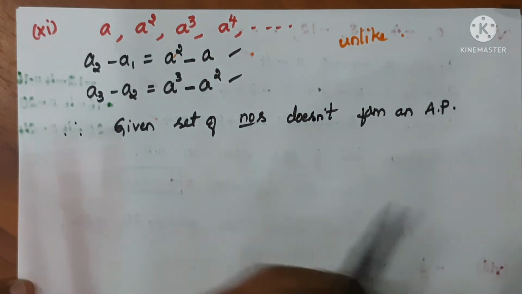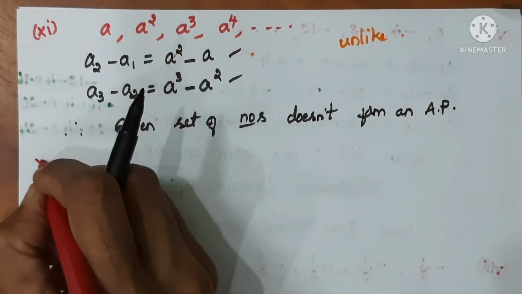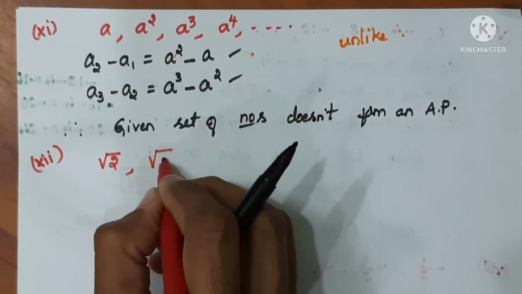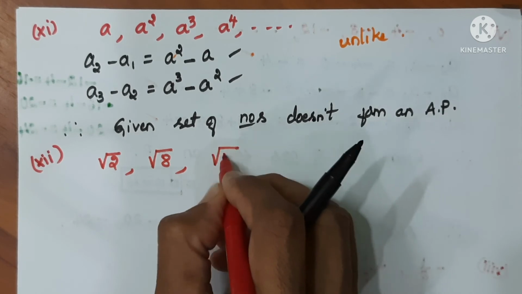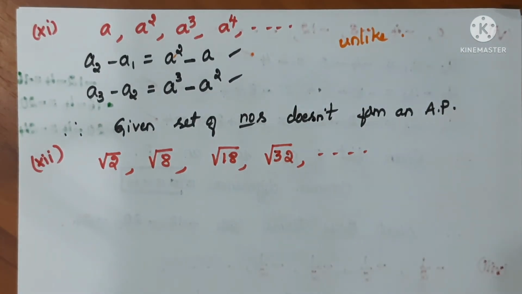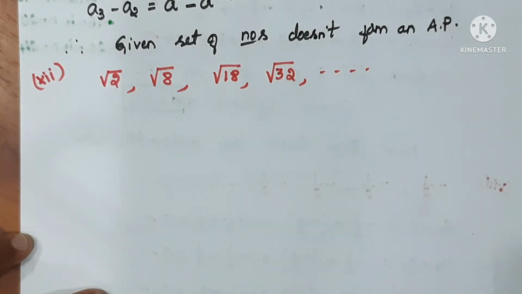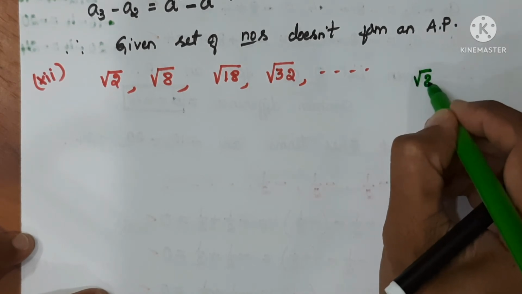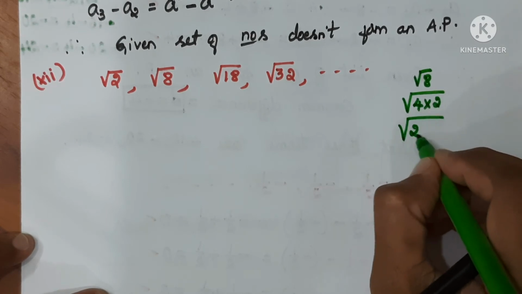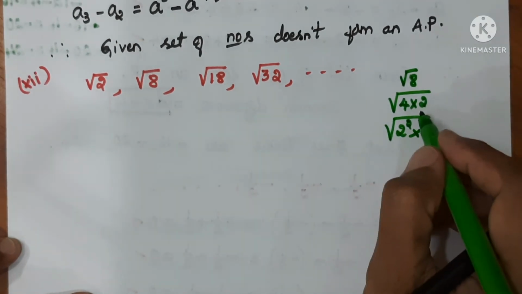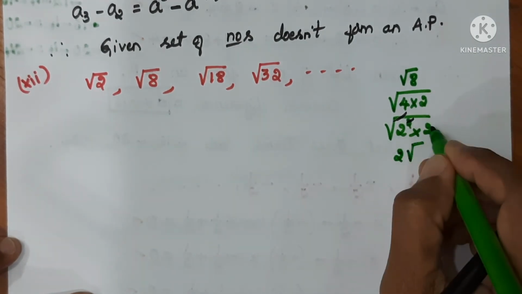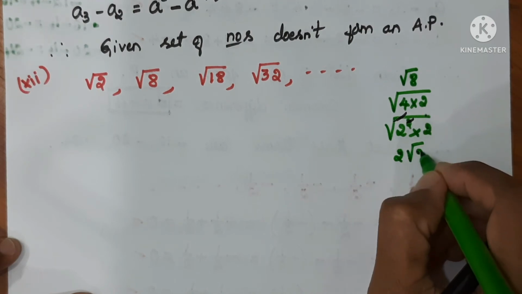Now let us see the next one. Root 2, comma, root 8, comma, root 18, comma, root 32 and so on. Here we can write root 8 as root 4 into 2. 4 is 2 square into 2. Here square root get cancelled, 2 will come outside the root, and here this 2 will have the root as it is.